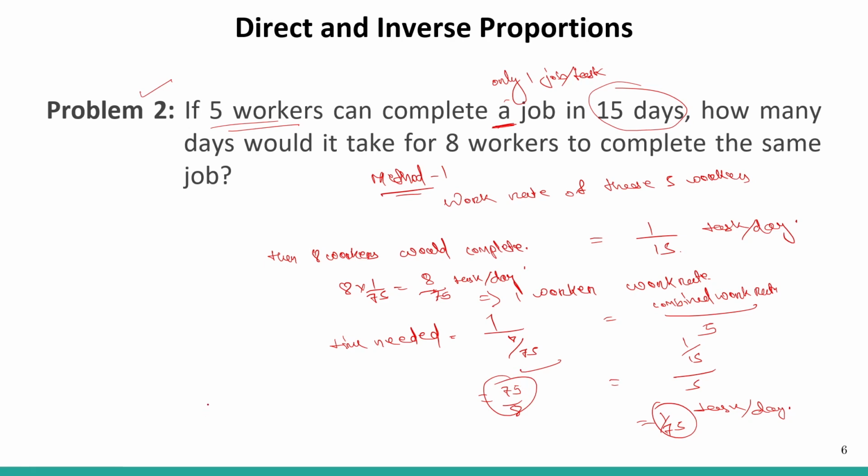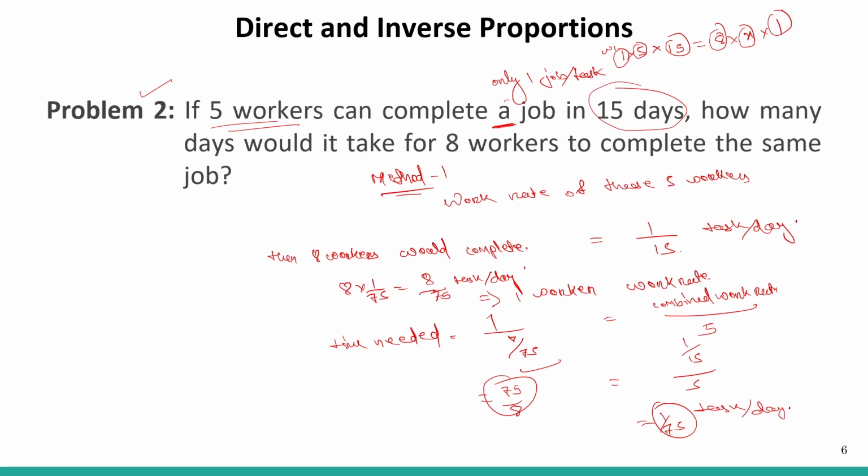Let's solve the same using the work time formula. The work time formula tells us that 5 into 15 is equal to 8 into x into 1. They are solving the same job, the same task. The number of workers is 5 and the time they need is 15. The number of workers is given here, the time is not available.